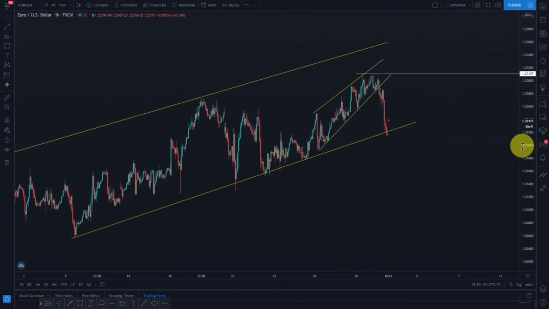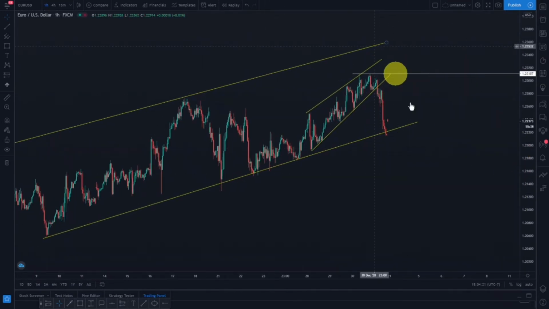Okay. So most of the time when the market impulses, we work with a three-step called impulse, correction, and impulse. So as you can see, the market is impulsing downwards, and it broke the channel in an impulsive way. So right here, it's about to approach our 90% rule.